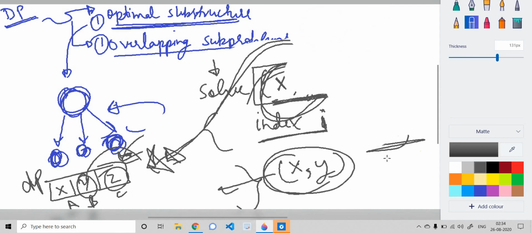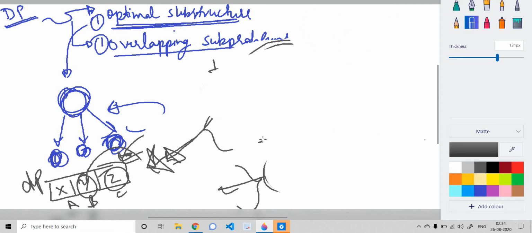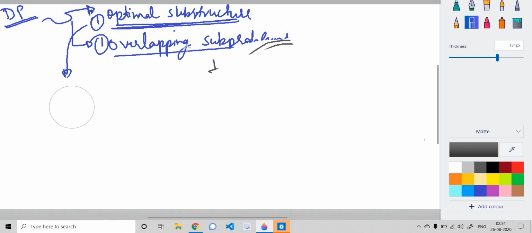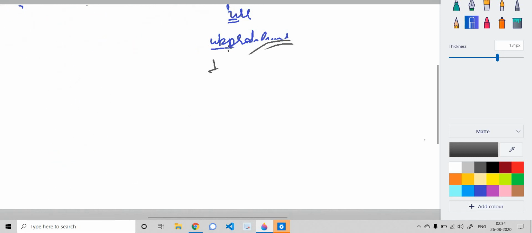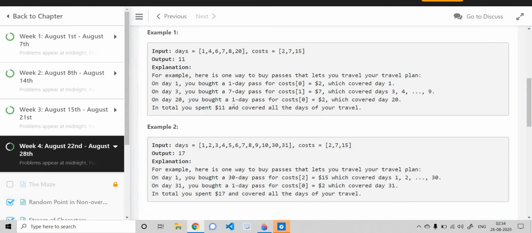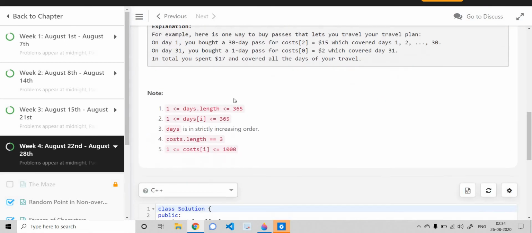Now let's see what we can do here to solve this particular problem. Here we have days. As you can see, the length of the days array is maximum 365.